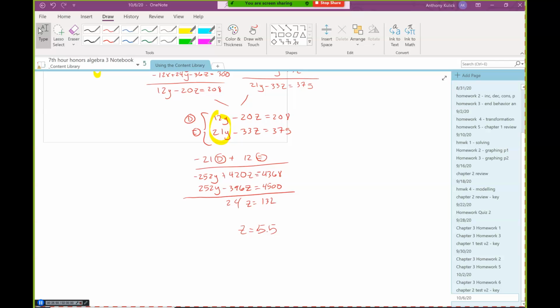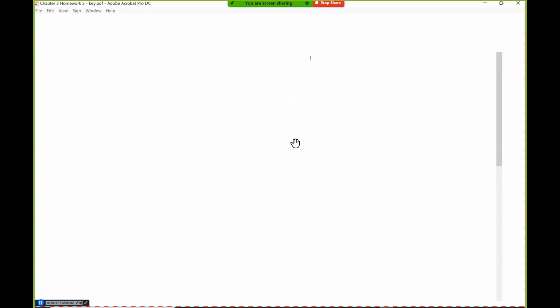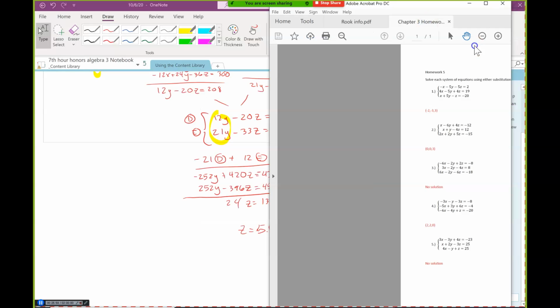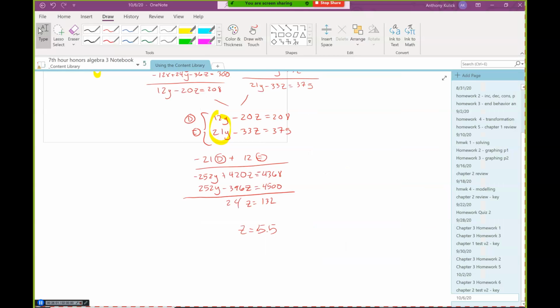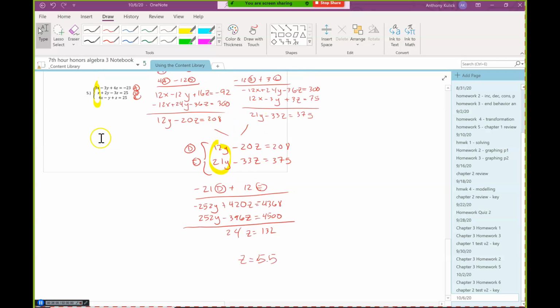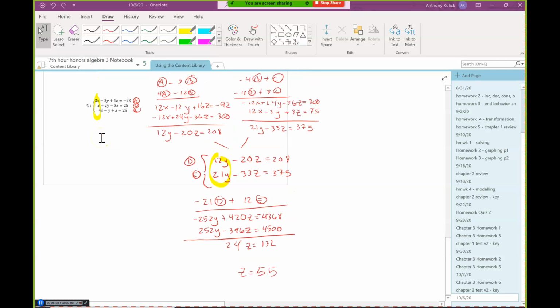Before I go and finish this off, let's just, oh boy. Okay. This apparently was supposed to be no solution, so that's really bad that I got that.